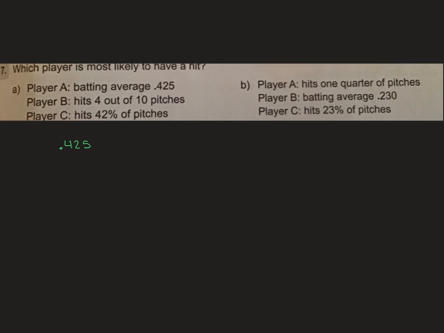So I might write them all as decimals. So 0.425, 4 out of 10 pitches is going to start as 4 out of 10, which equals, there's 1 0 in the denominator, right, in our decimal fraction. So there's 1 space, and that goes with the 4. So player B is 0.4.